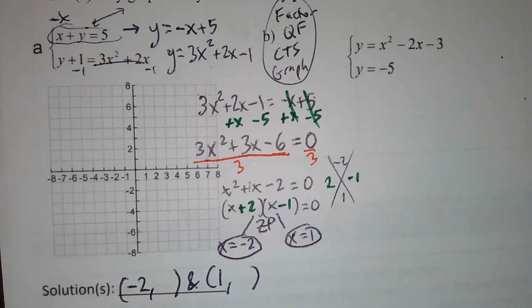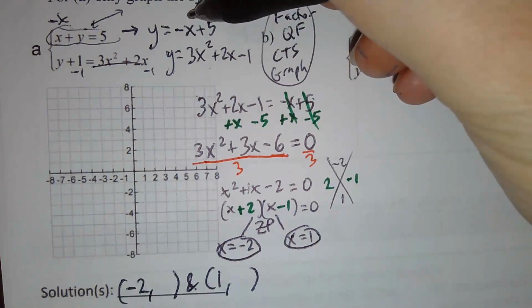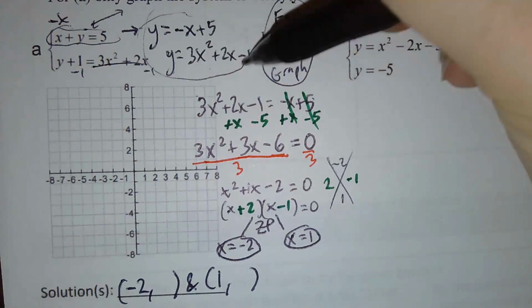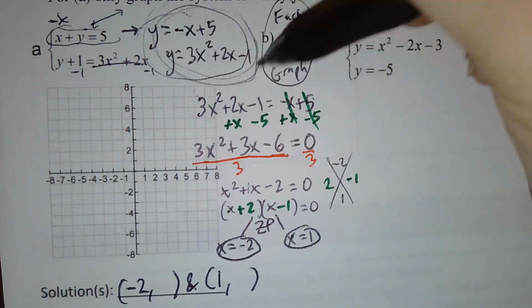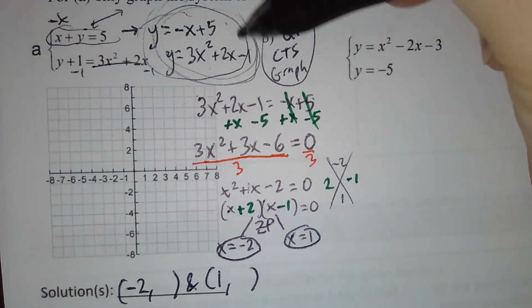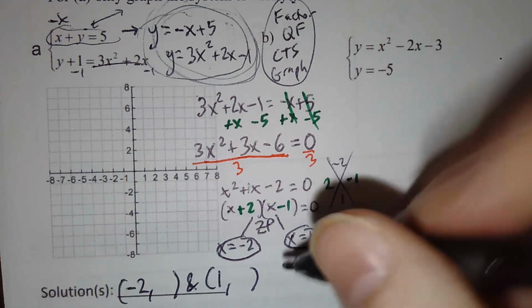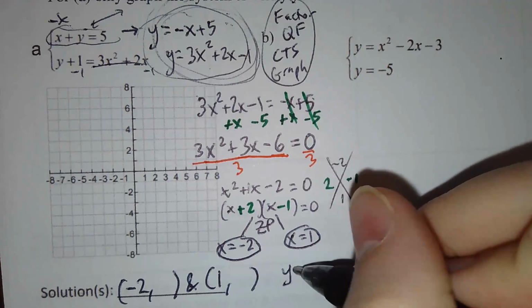So now what I need to do is input these two values into one of these two equations. Now, which equation looks easier to you? The top equation or the bottom, right? So I'm going to choose to input it into the first equation.